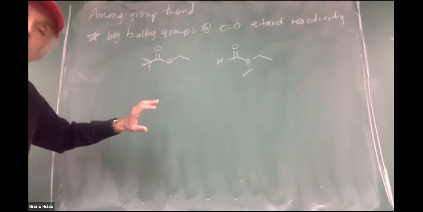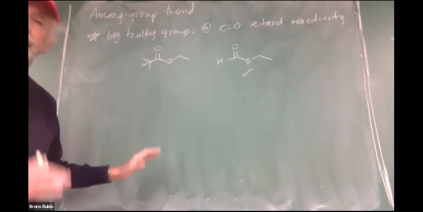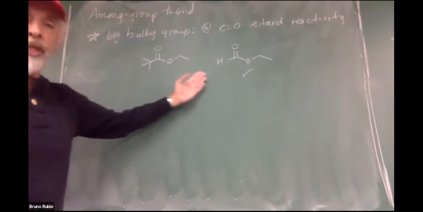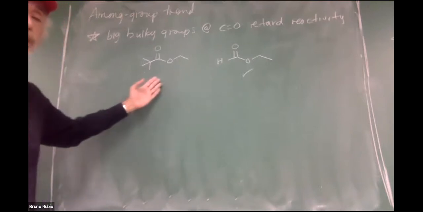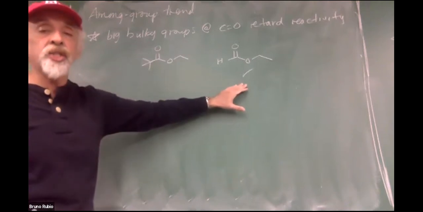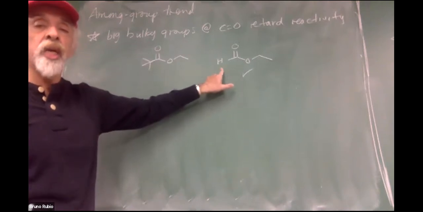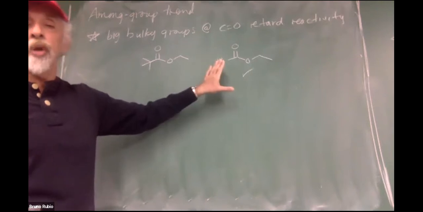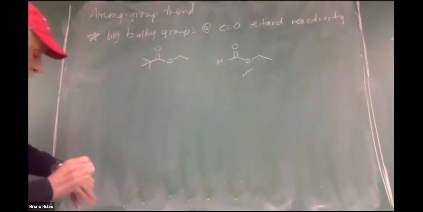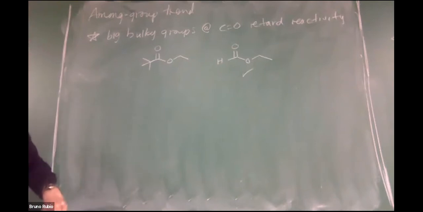This is what I mean by the among group trend, or one of them anyway, where we're looking at two esters, but these two esters are not equally reactive. This ester over here, which has the smaller group at the carbonyl, would be more reactive. That's just a general principle of carbonyl reactivity.